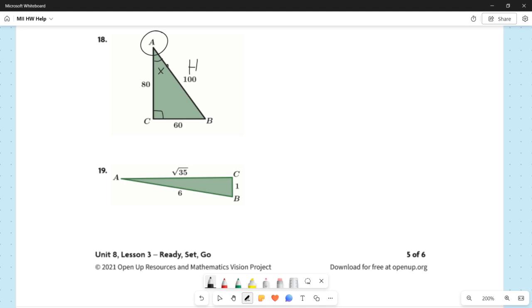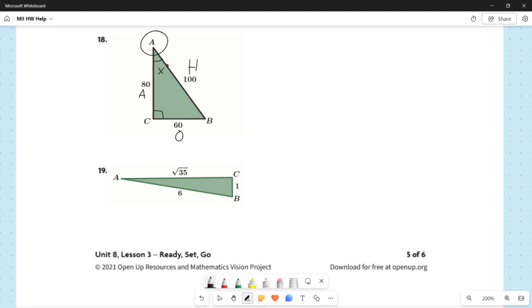So the 60 is opposite angle A, and the 80 is adjacent to angle A. I know that I'm using two capital A's here, but as long as we are methodical, I don't think it's going to be much of a problem. We're able to differentiate between vertex A and A for adjacent.